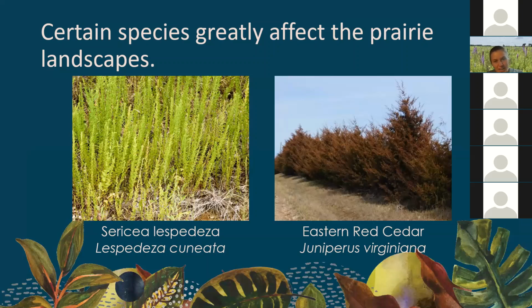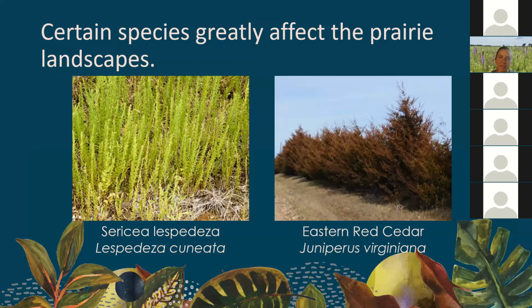And then you also have eastern red cedar, which you may be familiar with as you drive past almost any highway. So you can see these sometimes starting to pop up in what would seem like a grassland. And with time, if you're getting a dense stand, almost like what's shown here, that's essentially going to shade out the prairie.